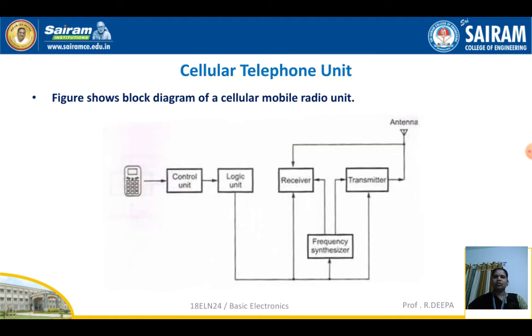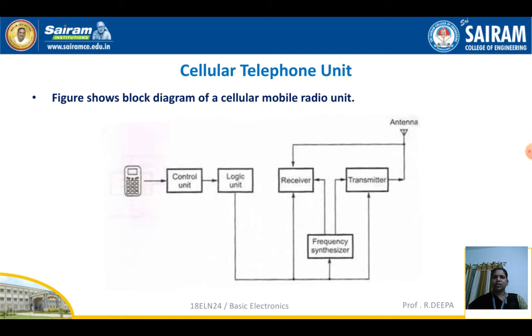Next it is about a cellular telephone unit. Suppose you have a mobile phone with you. You can observe what the components of a cellular telephone unit are, that is, the components of your mobile phone. It consists of a control unit, logic unit, receiver, transmitter, frequency synthesizer, and an antenna.